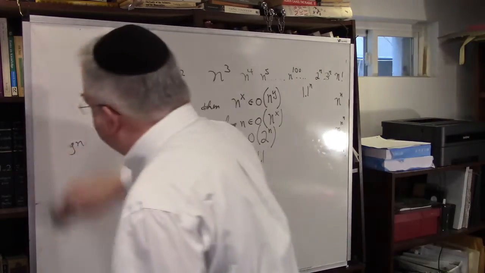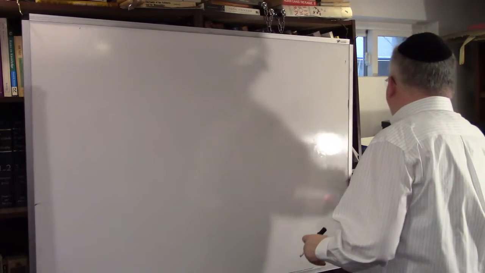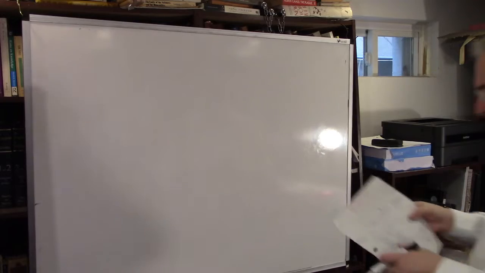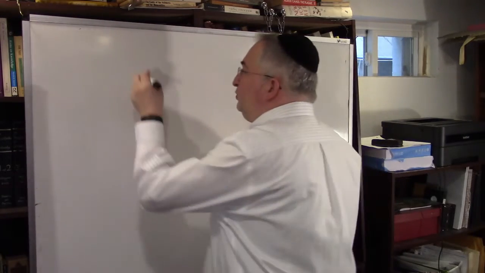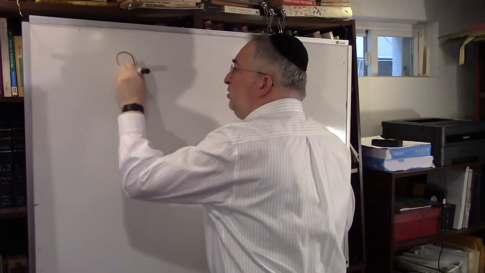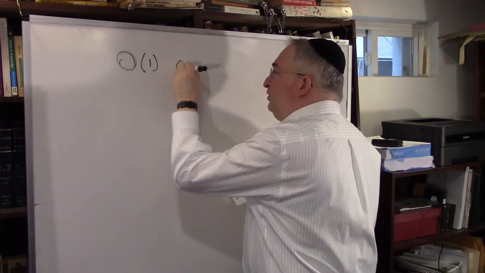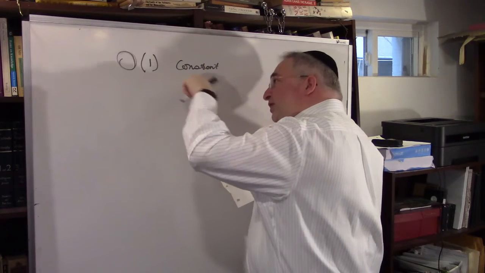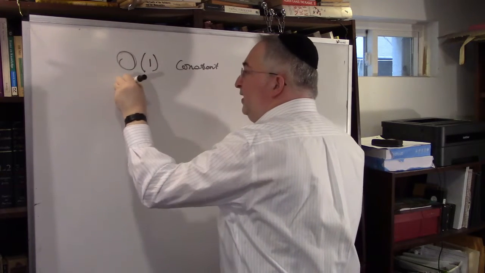Let's do some English. These algorithms show up all the time, and so they have special names. We mentioned some of the names, but let's do them anyways. Algorithms that run in constant time are called constant algorithms.